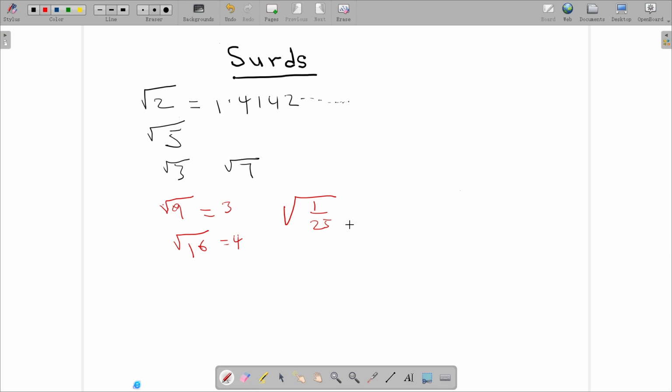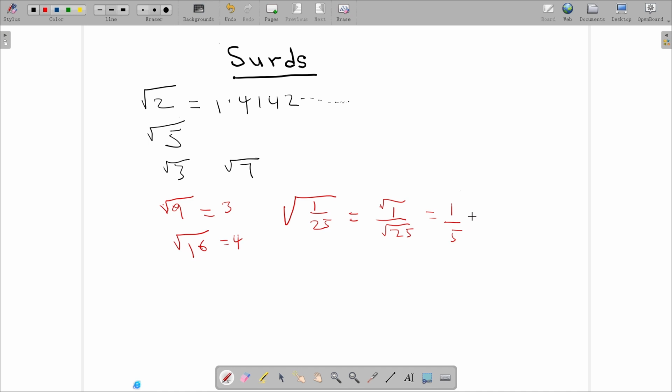It might look like a surd, but it's not, because we can further simplify this as square root of 1 divided by square root of 25. Square root of 1 is 1. Square root of 25 is 5.